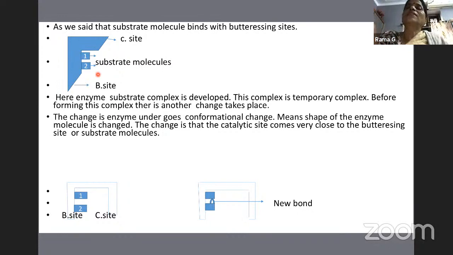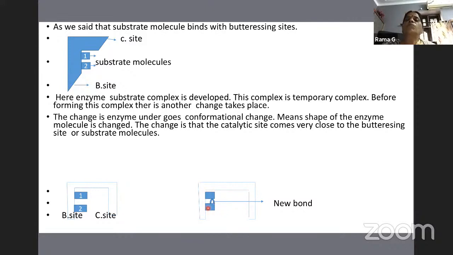This catalytic site bends towards the substrate molecules, and it helps in binding the substrate molecules by creating a new bond, which is shown in this diagram. So this catalytic site, by coming closer to the substrate molecules, creates a new bond between the substrate molecules.